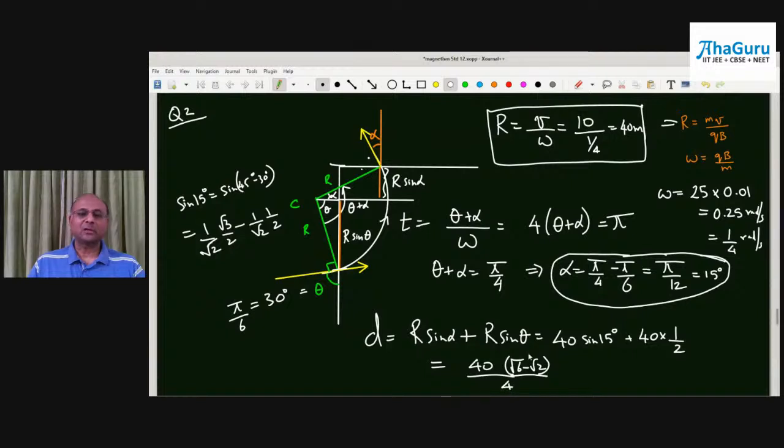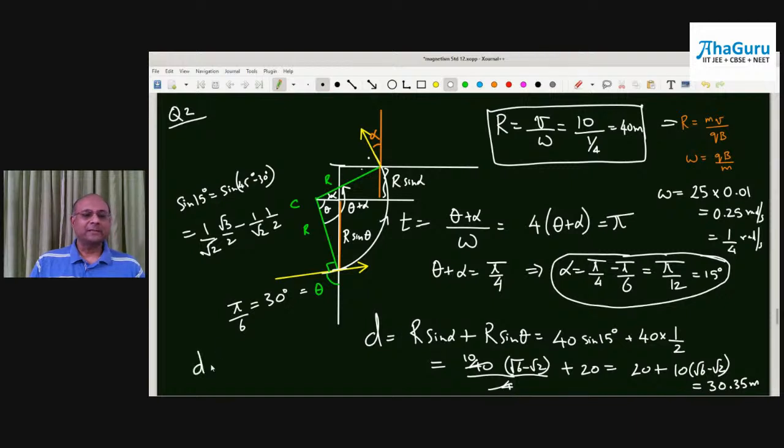So that this will cancel out, becoming 10 plus 20. So that gives us 20 plus 10 times root 6 minus root 2, which if you did the calculation with root 6, root 2 approximation, it turns out to be 30.35 meters. Okay. Now, of course, you could have just left it like this.